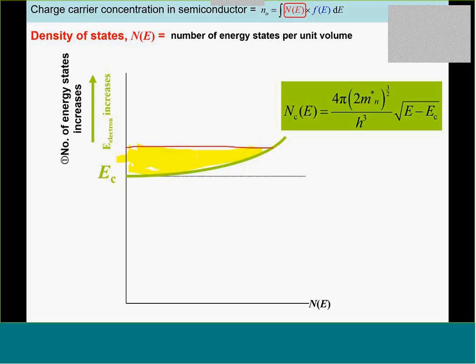You can see that it's curving this way, so the number of energy states increases as you go up along the y-axis.